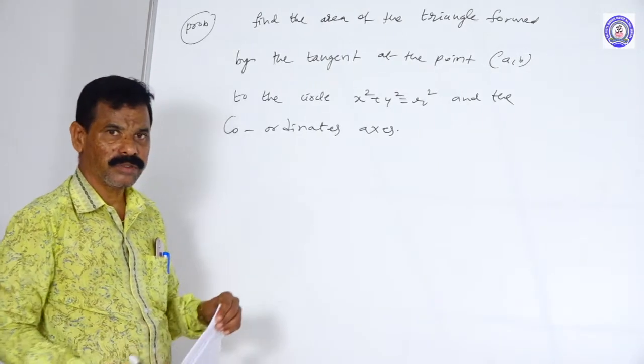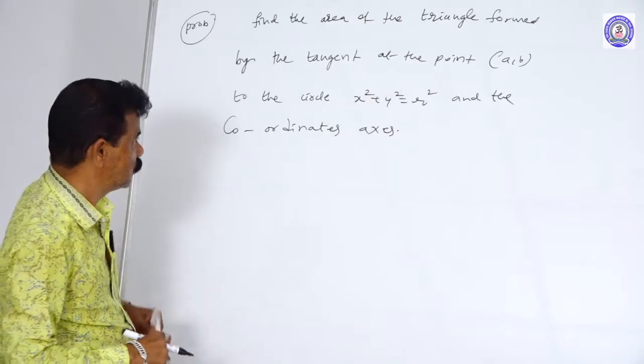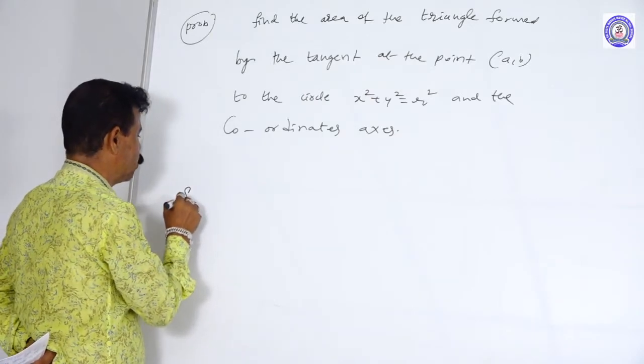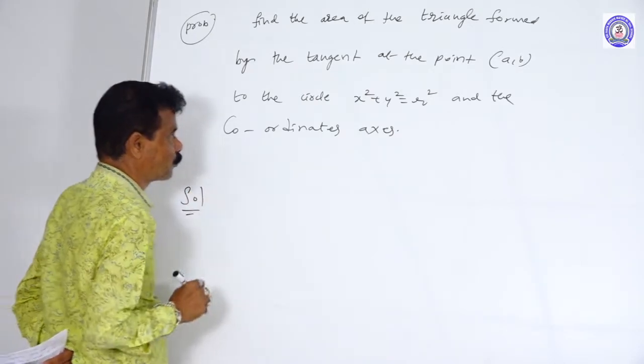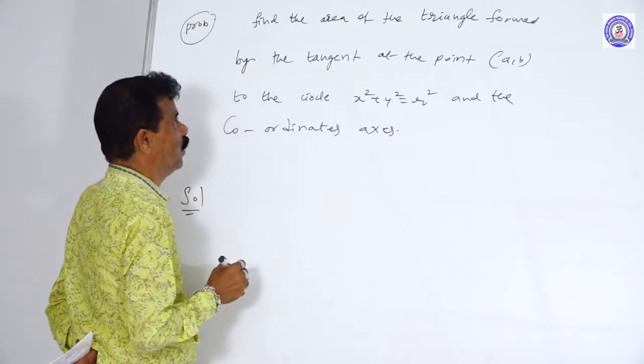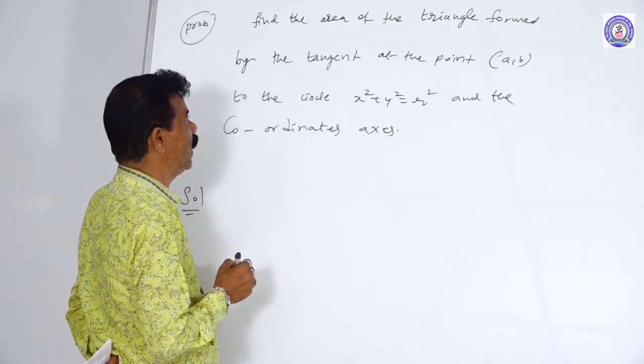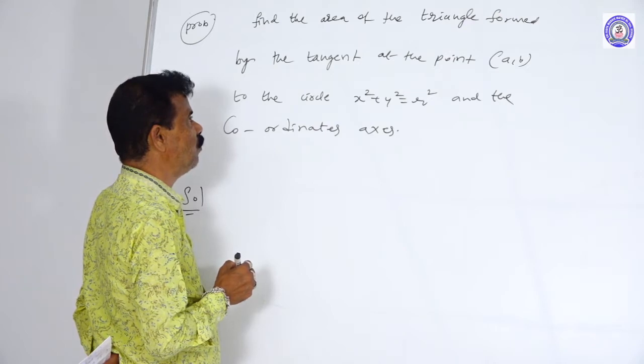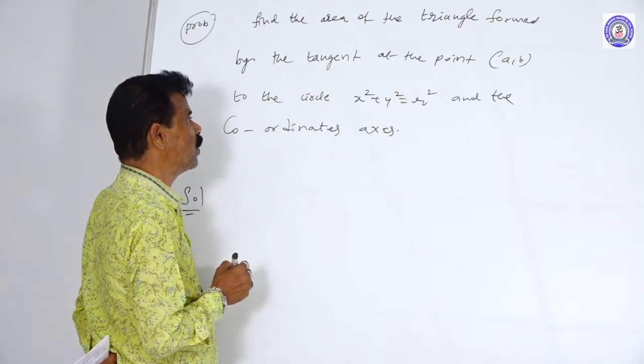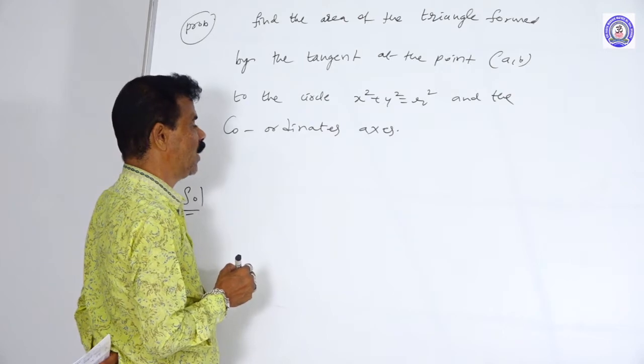This is a new topic, some critical solution. Area of the triangle formed by the tangent at the point A, B to the circle and the coordinate axes.